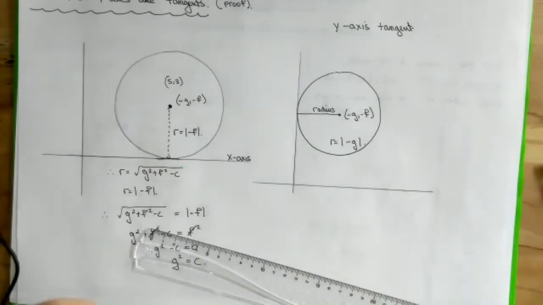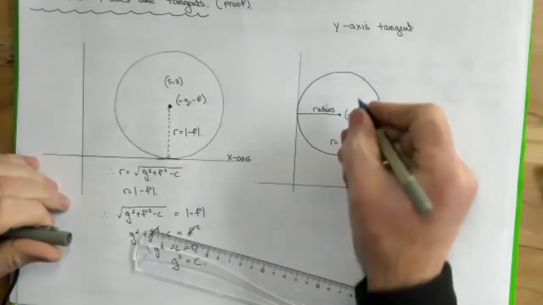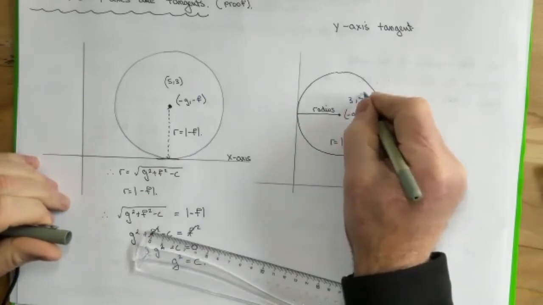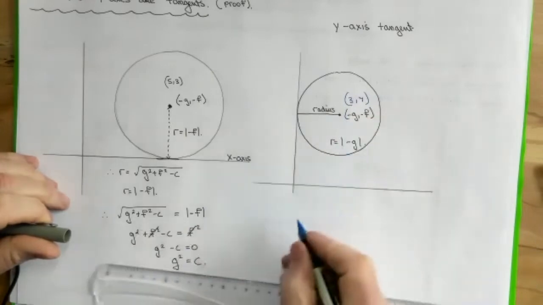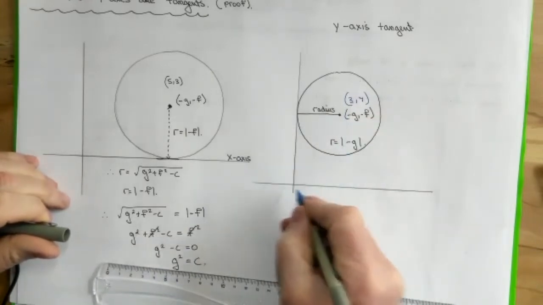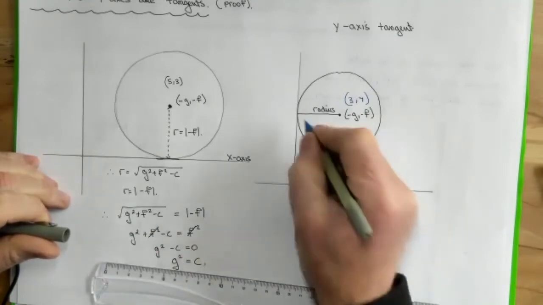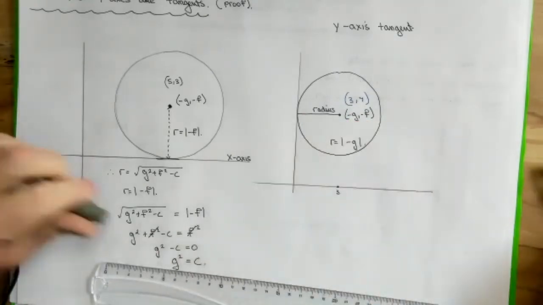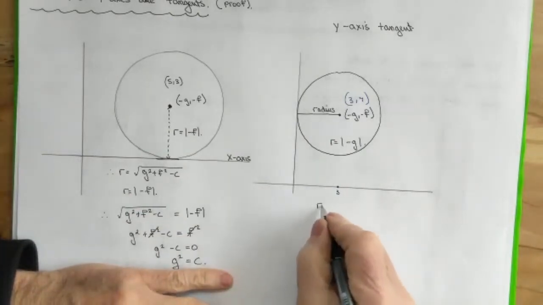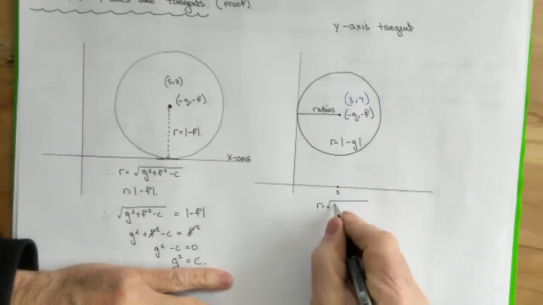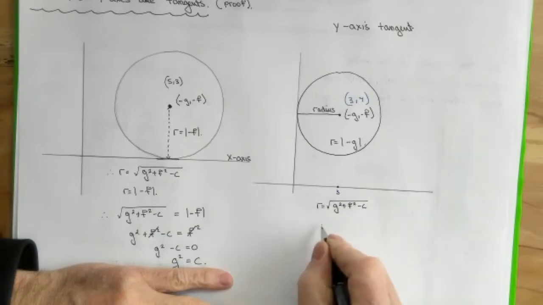How I would explain that in class, if that's the point 3, 7, well, that's 3 and that's 7, right? The x value corresponds to the radius, if that's the 3. The x value and the radius are the same. So I can say the radius is the length of minus g. I also know the radius is the square root of g squared plus f squared minus c.